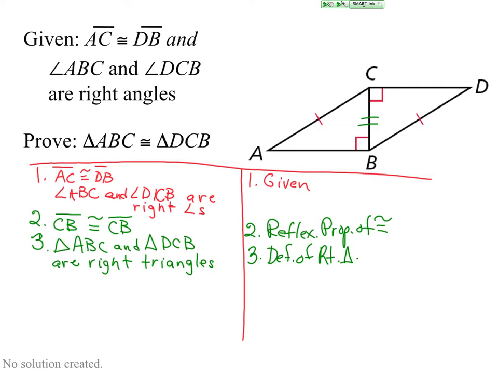I think we're ready to finish it out. So, triangle ABC is congruent to triangle DCB. All right, Connor's got it. Hypotenuse leg congruence theorem. And it would be good to make sure that they matched in the order that that says.